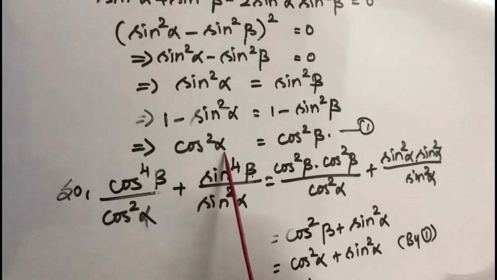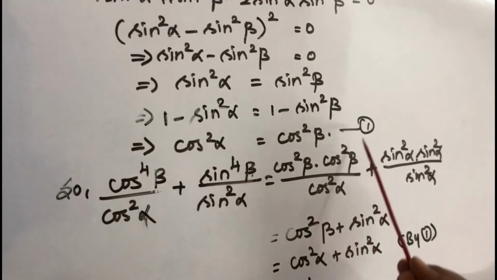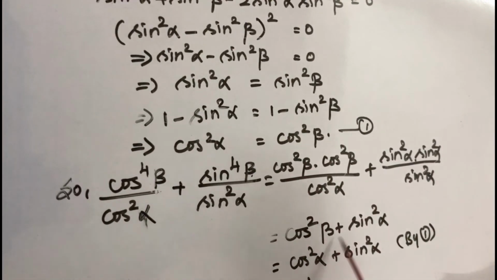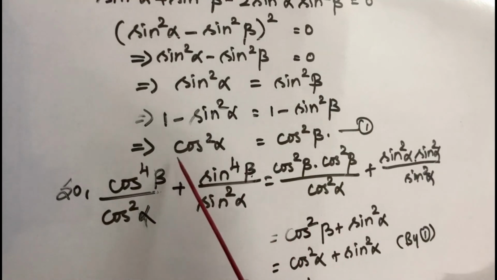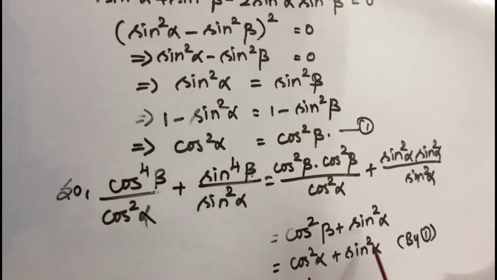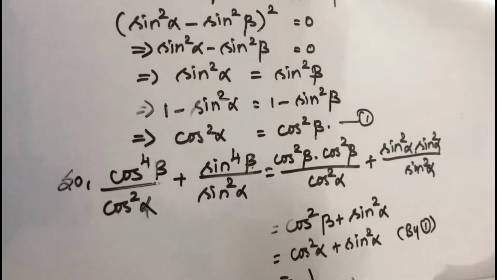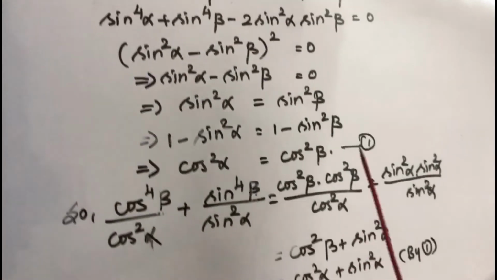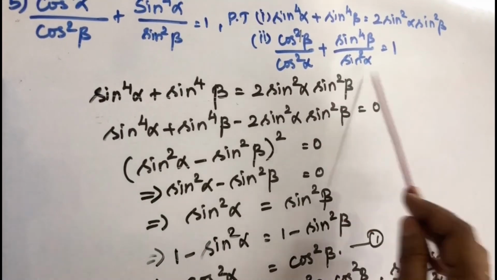As cos square alpha is equal to cos square beta, one of the terms will get cancelled. So cos square beta plus sin square alpha. Now I write this cos square beta as cos square alpha because we have proved that both are equal. So cos square alpha plus sin square alpha, and that is equal to 1. That's what we have to prove. This expression is equal to 1. That is our second result.